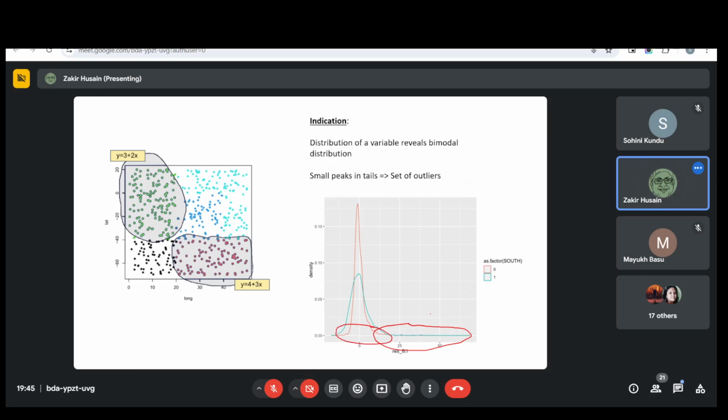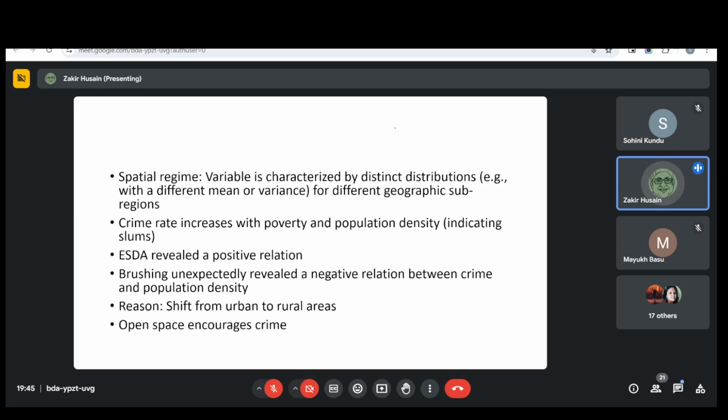So in general, if we study the distribution and we find a bimodal distribution, or there are small peaks at either of the tails, either over here, so we have small peaks like this, or small peaks over here, then this would imply that we have spatial regimes. But there are other ways of doing so, which I'll discuss later on.